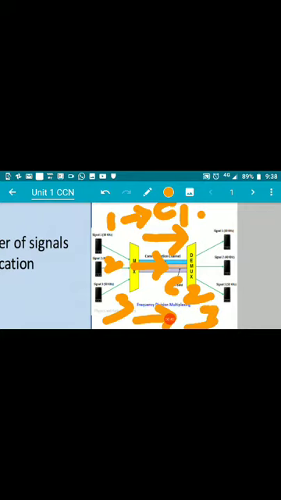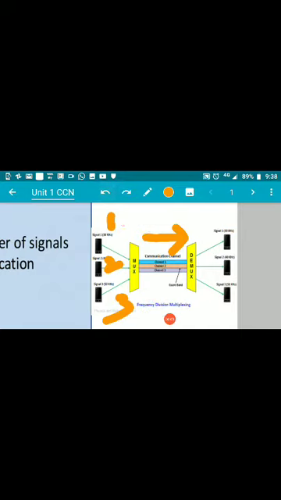So by making such modulation with the different carrier signals, signal 1 is modulated with a different carrier signal, signal 2 with a different carrier signal, and signal 3 with a different carrier signal.